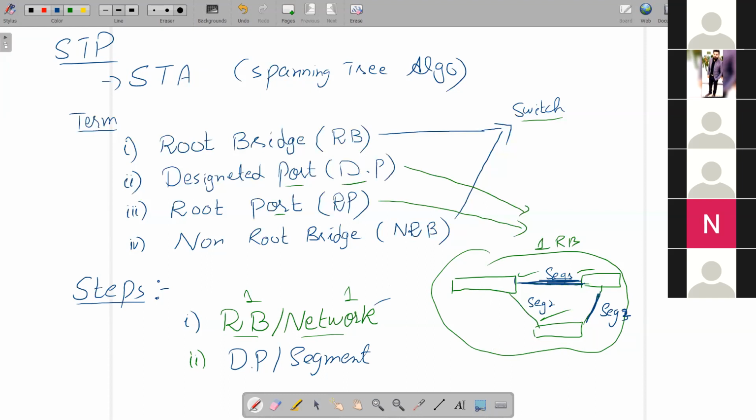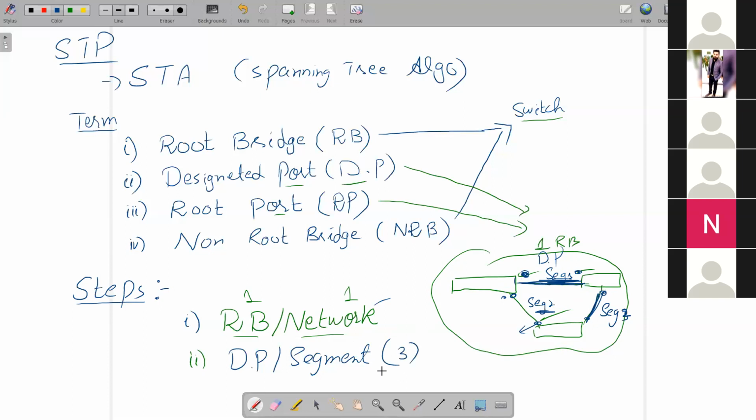That means in one segment, there should be one designated port. Either this might be the designated port or this might be the designated port. In segment 2, there should be one designated port. Either it could be designated port or this port could be designated port. And in segment 3, obviously, you might be having one designated port. So in this network, we have total 3 segments.